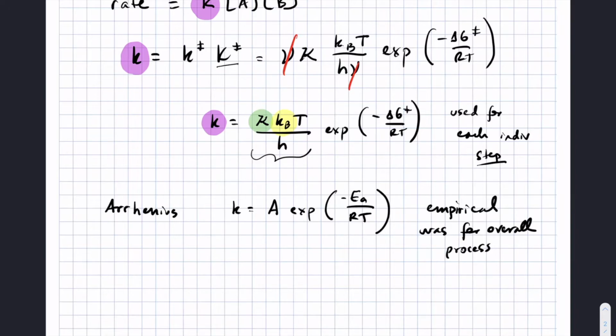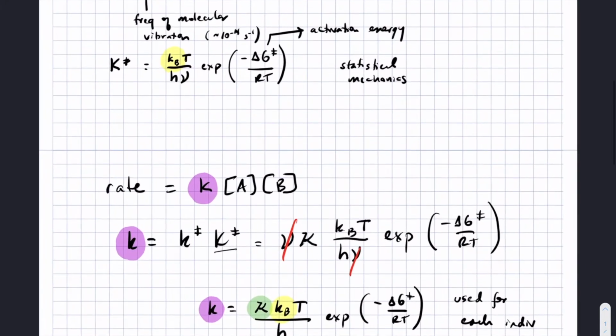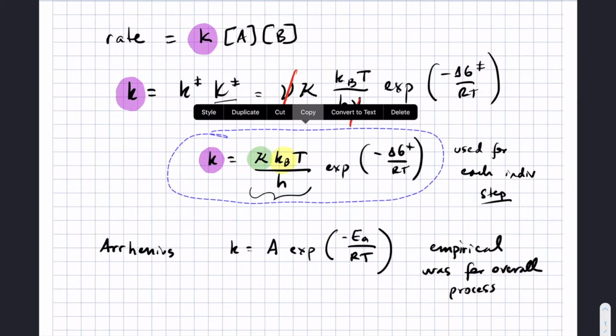So this gives us a sense for the kinds of things that are involved in transition state theory. I want to show you a couple of things you can do with this definition to actually do interesting kinetic experiments.